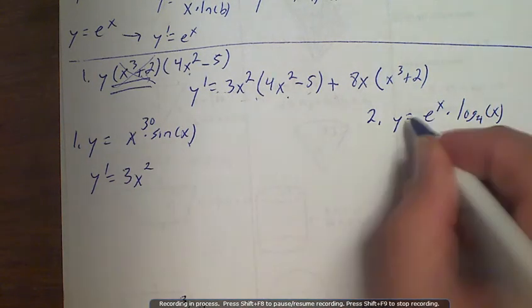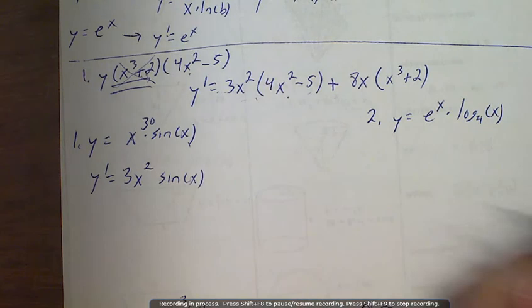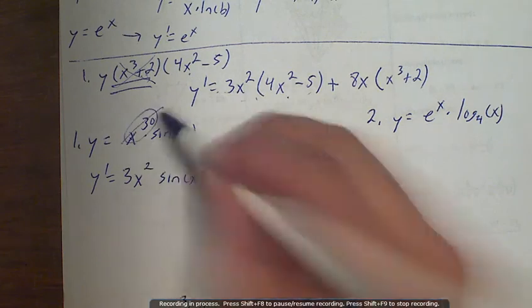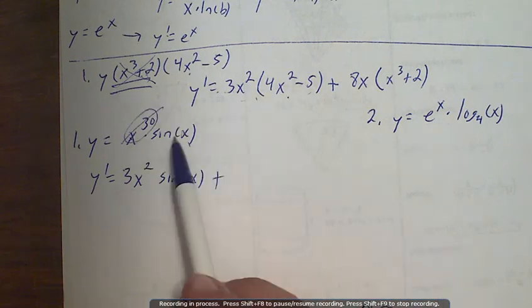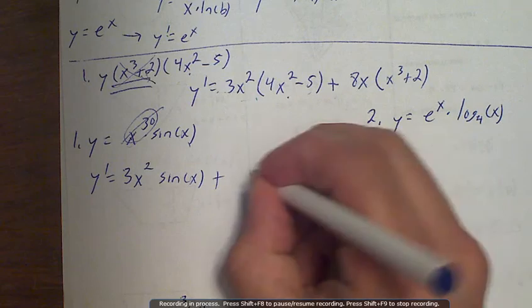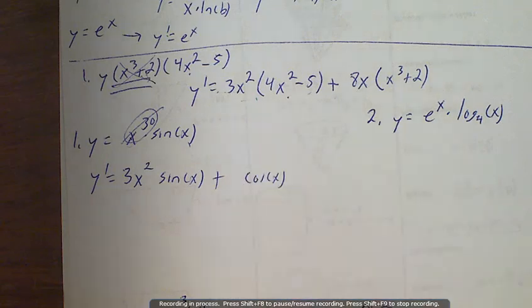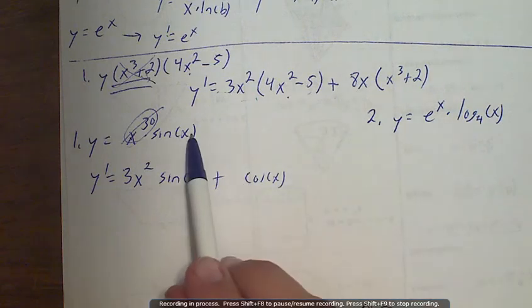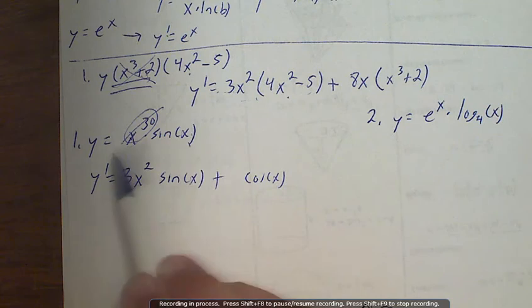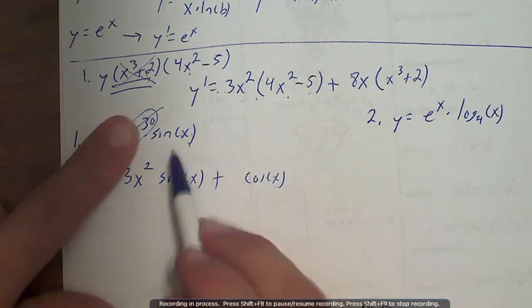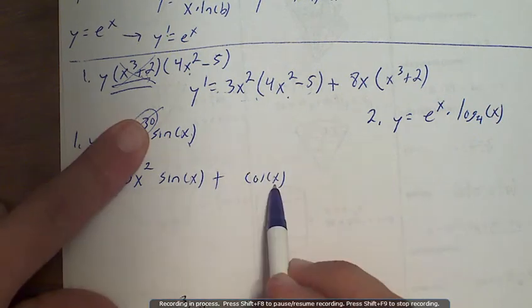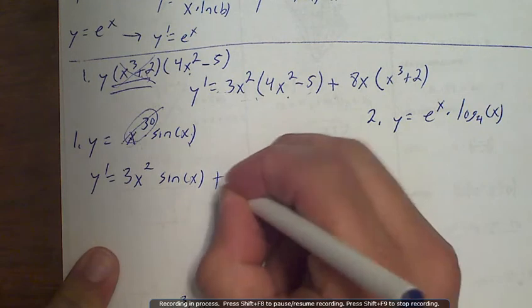Now I do the derivative of the second part. Cosine of x. I did the derivative of sine by itself to get cosine, and I leave x to the 30th. So that's it. For product rule, you take the derivative one piece at a time, and you leave the rest of it alone.